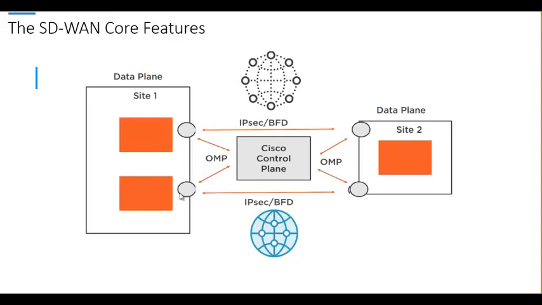Now, vSmart also has a connection to vManage. According to the policy that you have defined in vManage, vSmart will decide to whom it should reflect routes and to whom not. Meaning, vSmart knows about all sites' LAN networks, but Site 1 LAN networks may not be given to Site 2 because vManage doesn't allow it.